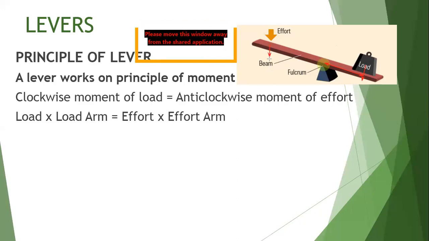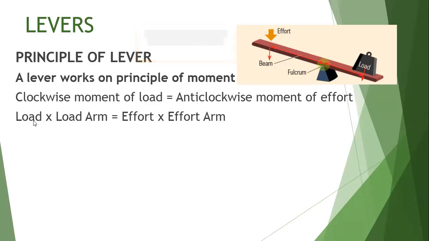This is our effort, and this is the distance which we call effort arm, from the effort to the fulcrum. It's the same rule; we have just renamed the terms. So according to the principle of lever, we get load into load arm is equal to effort into effort arm. Now I am rearranging these terms.